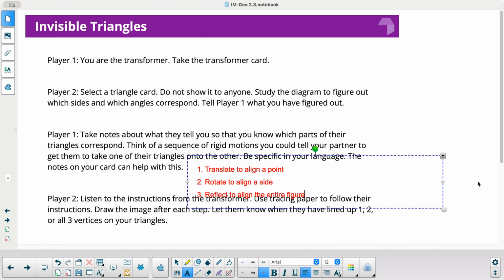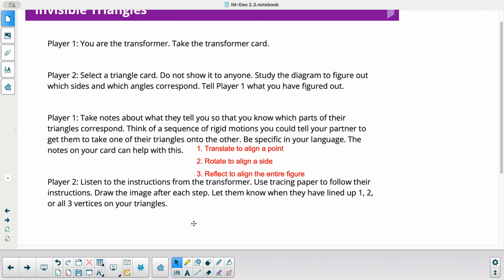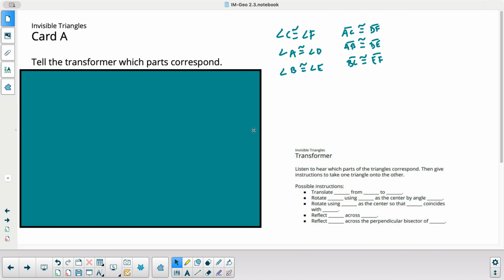Now, you might not need to do all three of those, but generally speaking, if you follow that order, usually works, okay? And then you're going to listen to the transformer, and we're going to use the tracing paper to follow, okay? So here we go.